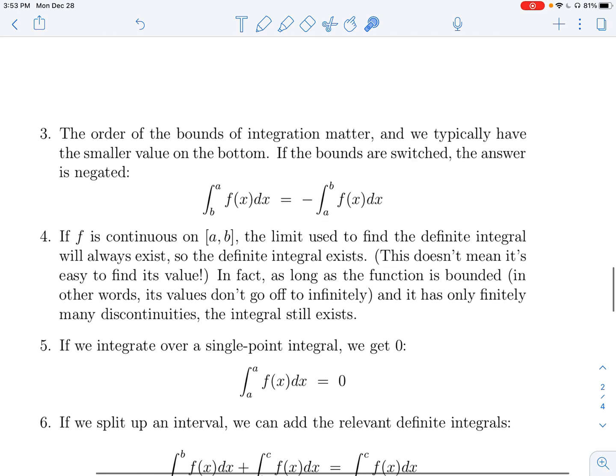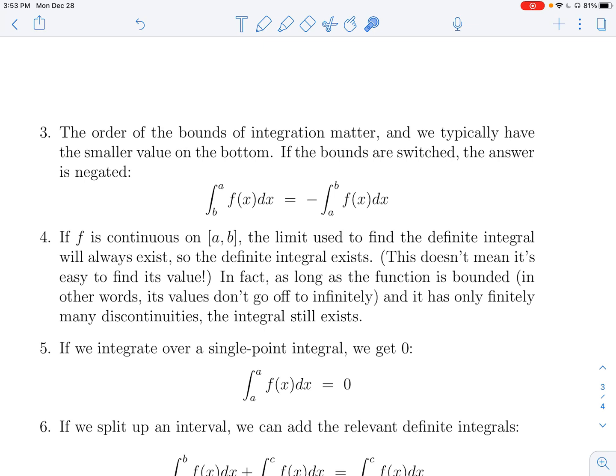The order of the bounds of integration matters. Now, typically, built into this, the smaller number comes first. We have this default of the interval AB. If you see them in the wrong order, it's not a typo. It means you're somehow measuring things backwards, and all of your delta x's were actually negative.